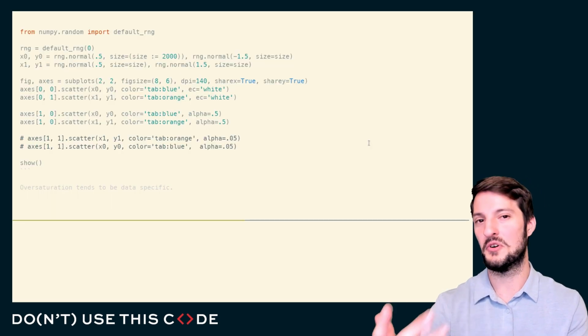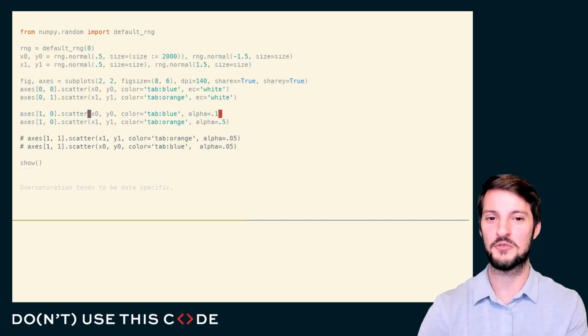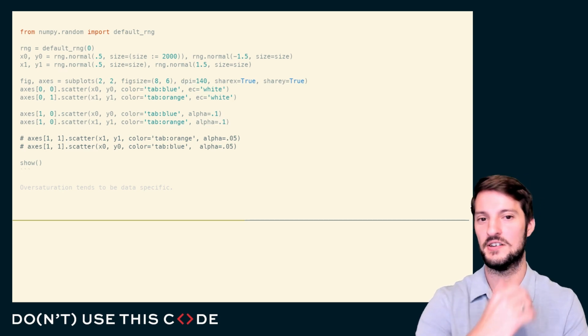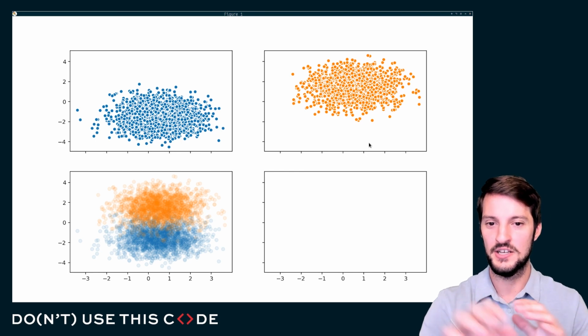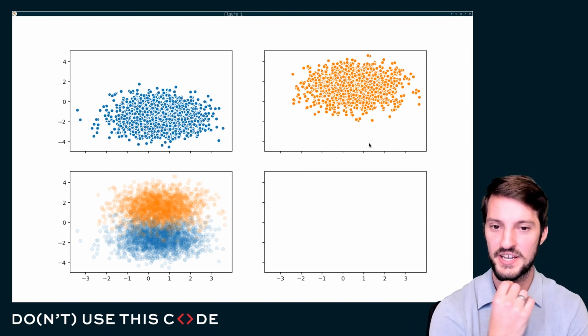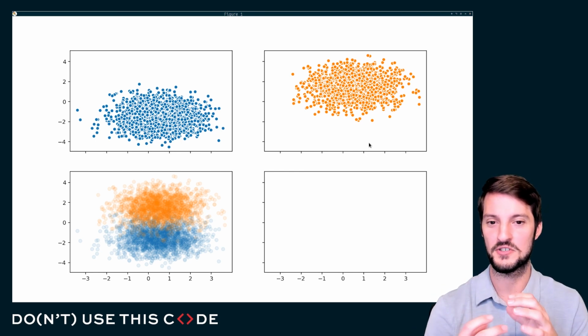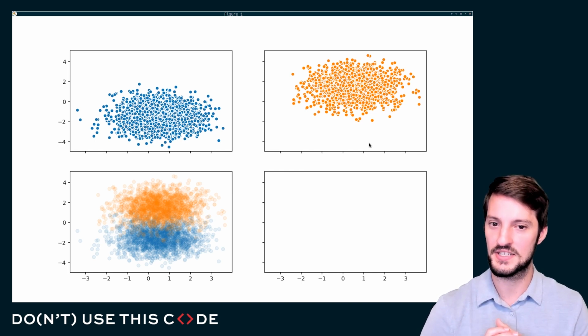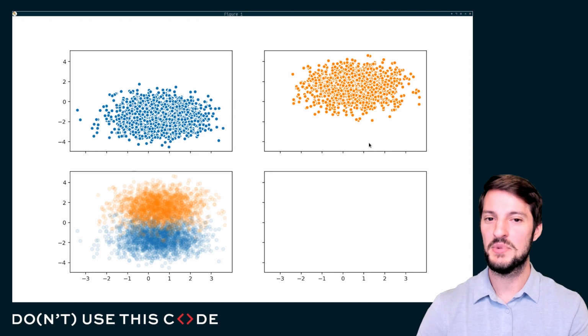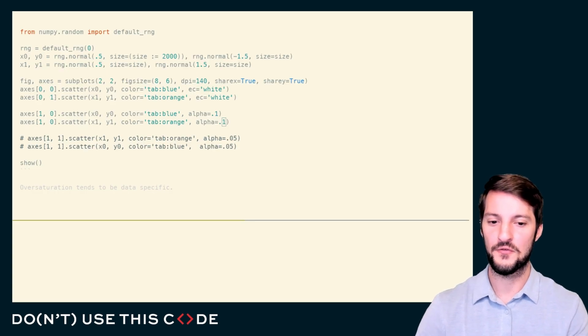And so maybe 0.5 is just a little bit too high. Maybe I really need 0.1. And so I'll go ahead and use 0.1 as the alpha value. Okay, my data clouds are starting to become a little bit more disambiguated. I can see that there's a large amount of overlapping points, but orange and blue seem somewhat distinct. Maybe I need to bump it down even further, maybe to 0.05.